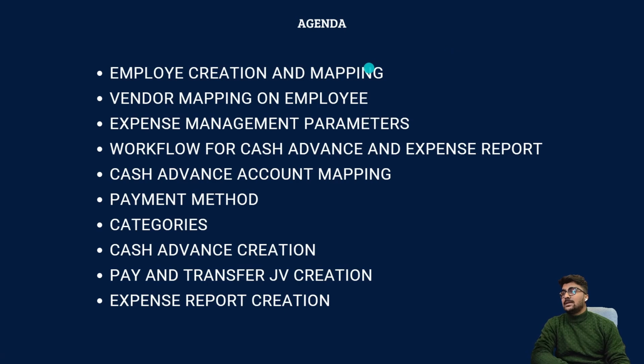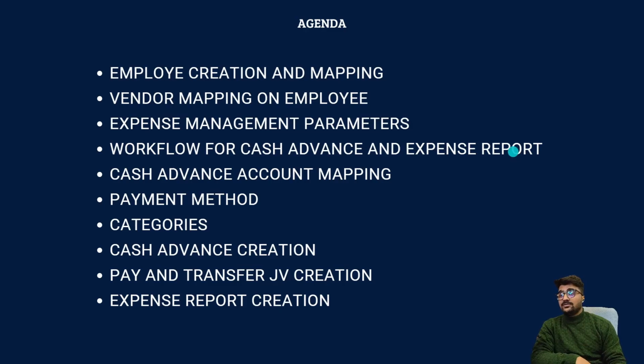Today we have covered employee creation and mapping, in which I have explained how to create an employee and how to create employment history for any worker. And after that we have discussed vendor mapping on employee, and after that we have discussed expense parameters for cash advance, where you have to keep in mind that these parameters should be enabled.